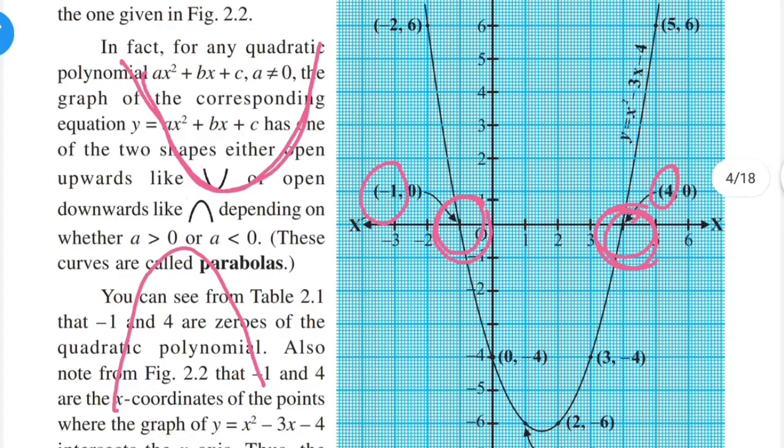This shape is known as a parabola. The graph of a quadratic polynomial will be of this form.